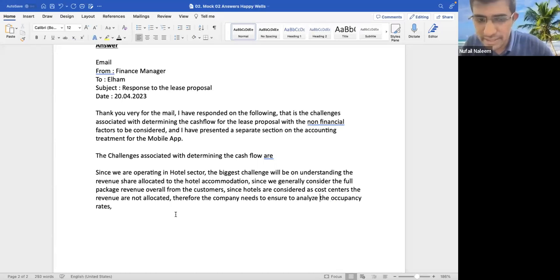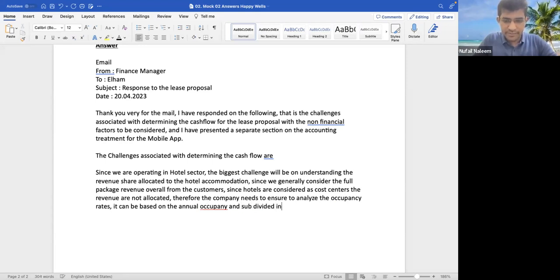It can be based on the annual occupancy and subdivided into peak season and off-peak season.